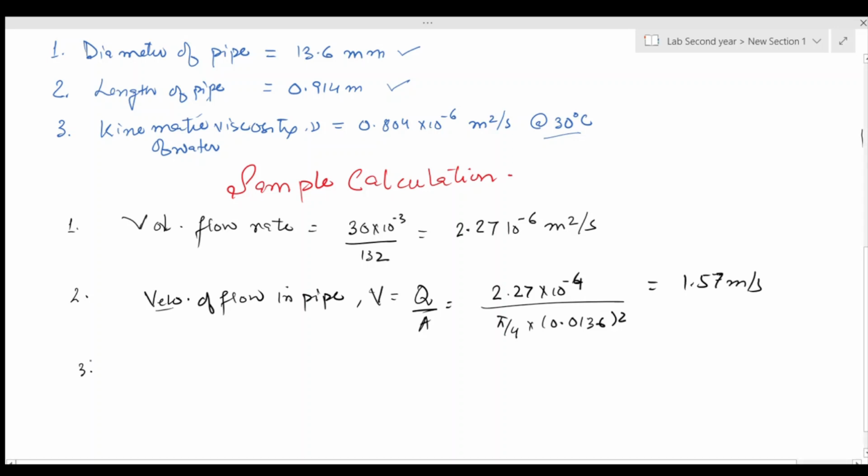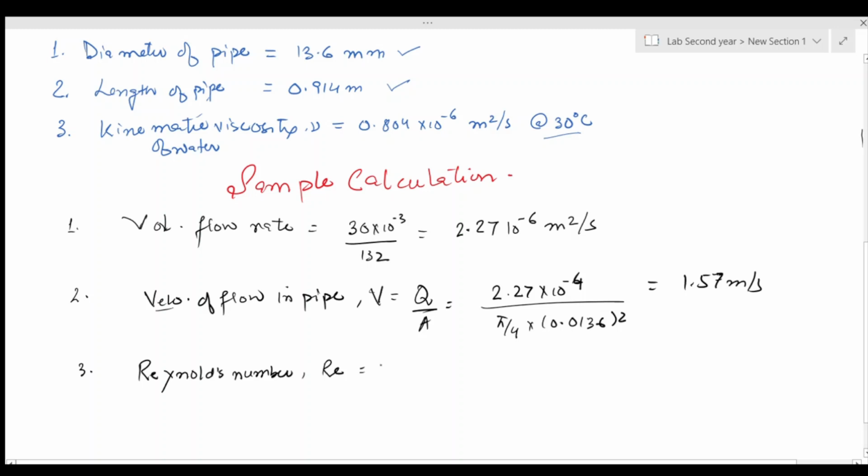Now next thing I would do is try to find the Reynolds number of flow. Reynolds number is a non-dimensional number which tells us a lot, such as whether in a pipe flow we are in a laminar regime or a turbulent regime, and many other things also. This number is very important for fluid dynamics study, and you would see how it affects us in unit 4 and then in your third and final year courses also.